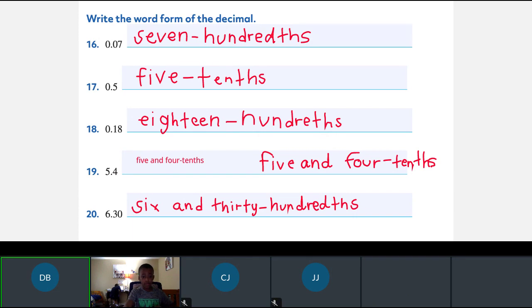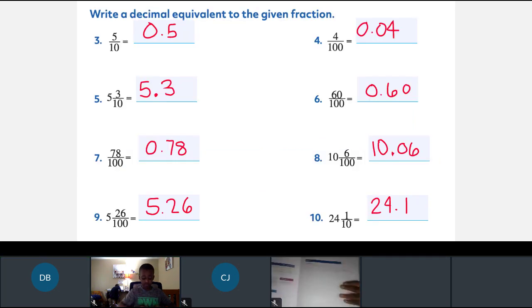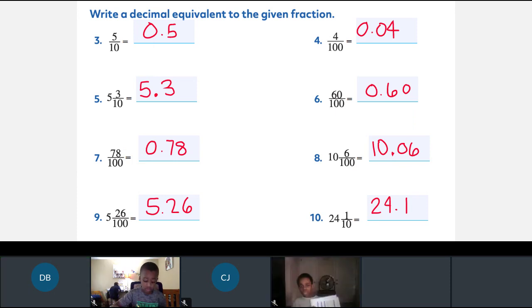So Austin is finished. Can you go back to the other one? Yes. What numbers? 3, 5, 3. These. All right. There you go. Okay. Jamal's finished. Give me just a second, Jamal. And you can upload yours. So Jamal, you'll have to upload 2 pictures since it's 2 pages.